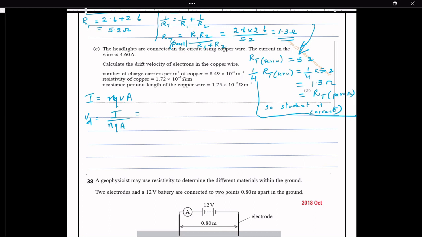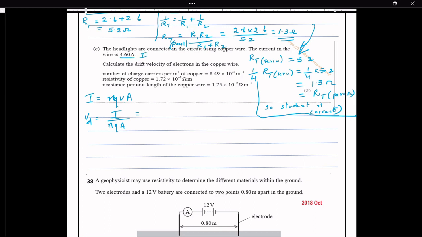Now let us check one by one whether all the data are provided. The current in the wire, so current I is given.